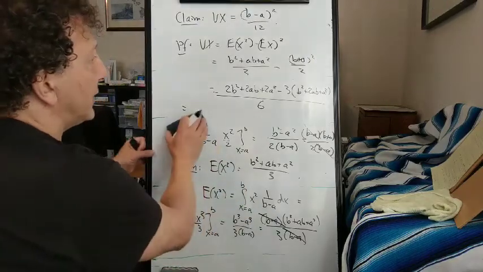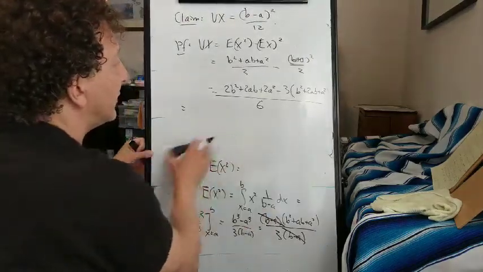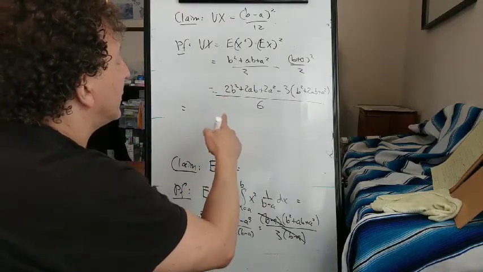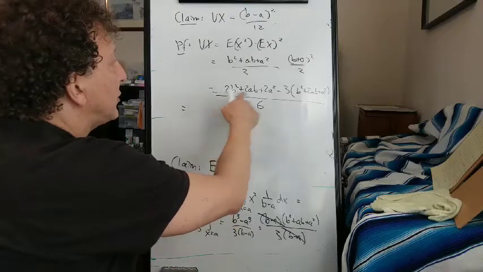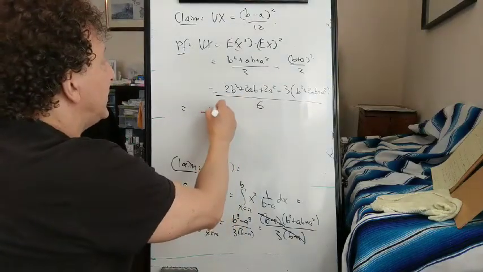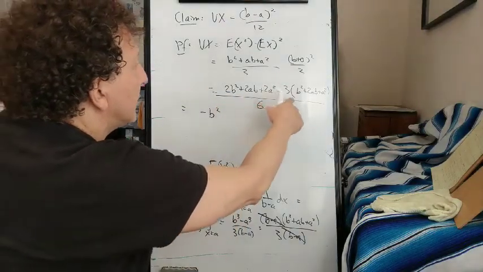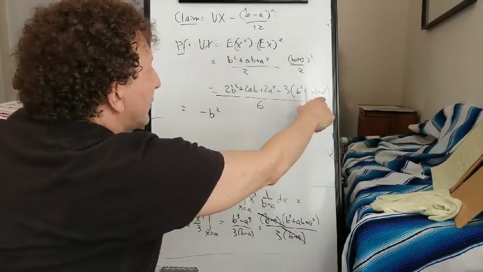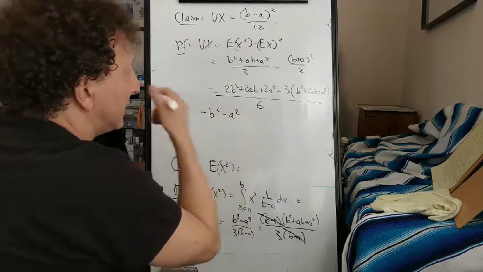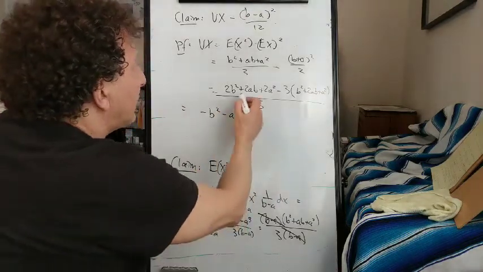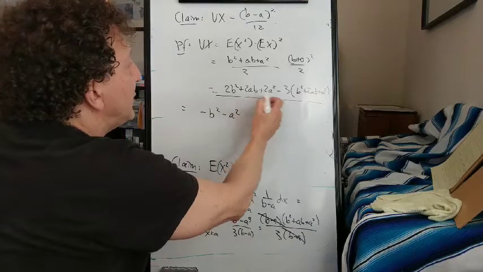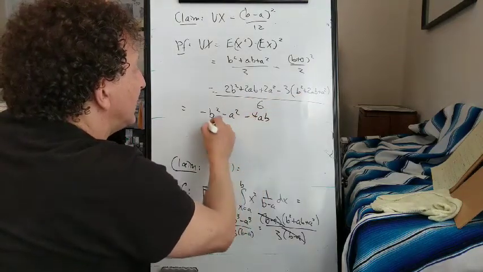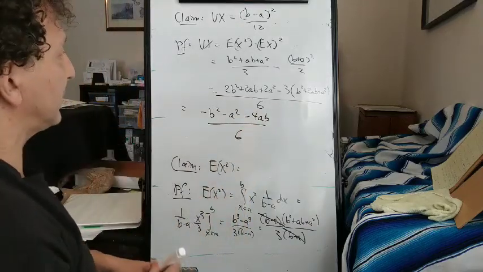So we have 2b squared minus 3b squared is minus b squared. 2a squared minus 3a squared is minus a squared. 2ab minus 6ab is minus 4ab all over 6.